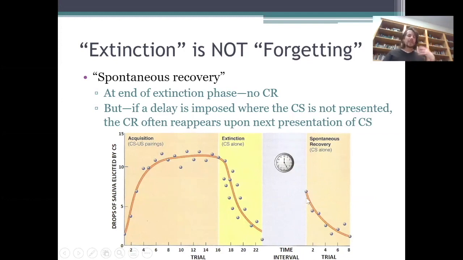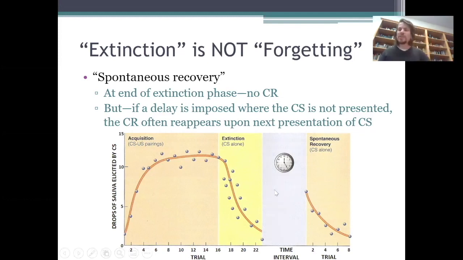And guys, we say that it's recovering that response spontaneously because it didn't get any additional acquisition trials that would explain why that conditioned response sort of comes back from the dead like this. So it's not like you would have been pairing the bell with the food again during this time interval. Again, the animal just doesn't hear the bell at all during the time interval.